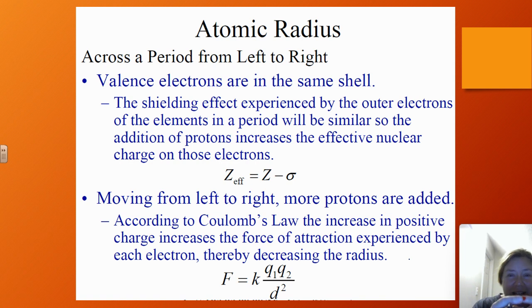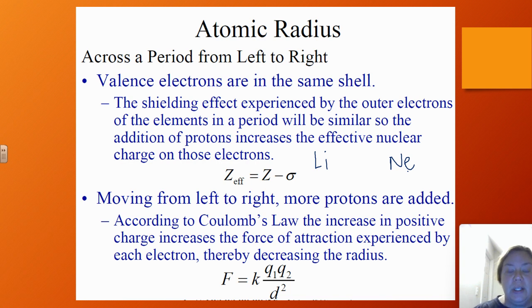The nucleus wants to hang on to those valence electrons. So let's say, for example, we've got lithium versus neon. We're looking at the second energy level. Lithium has 1 valence electron, neon has 8 valence electrons. They both have electrons in the second energy level. So the shielding effect doesn't increase a whole lot across it because there's not a whole other energy level being added.